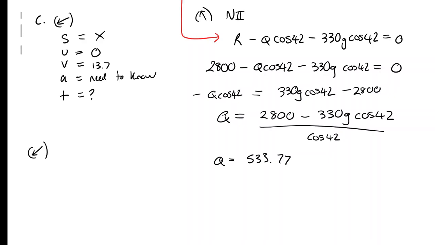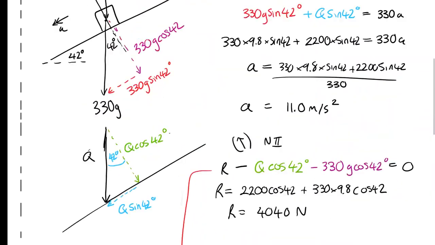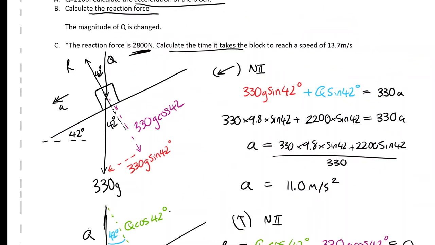So here, if we look back at the original equation, 330g sine 42 plus q sine 42 equals 330a.